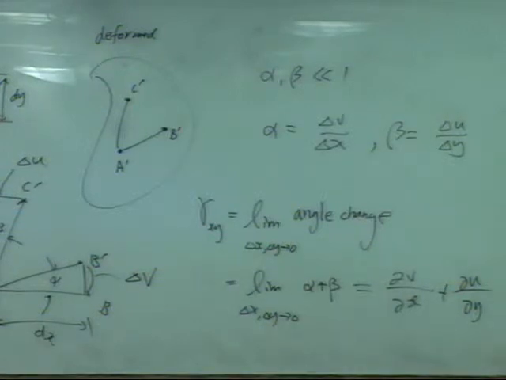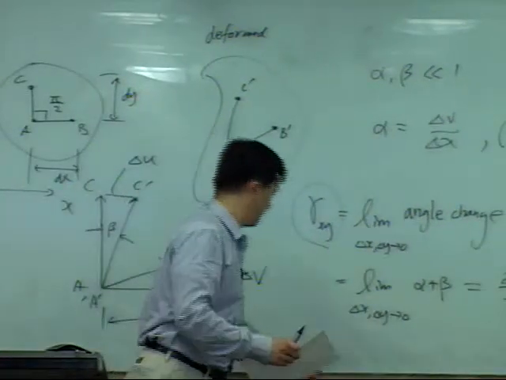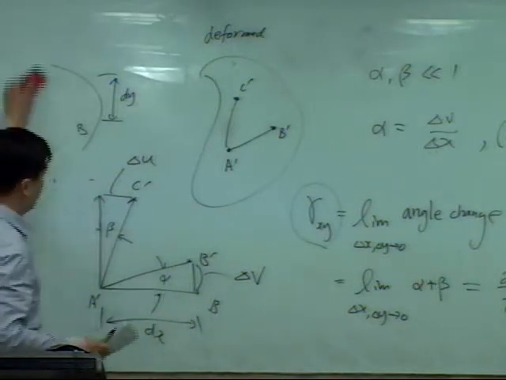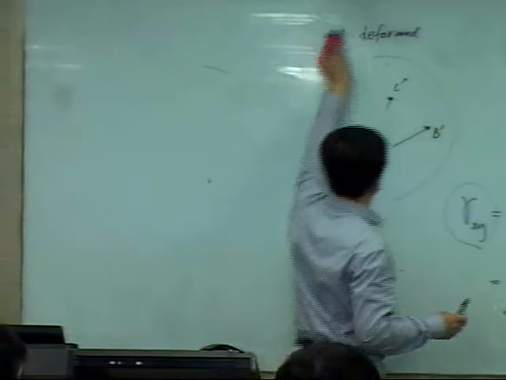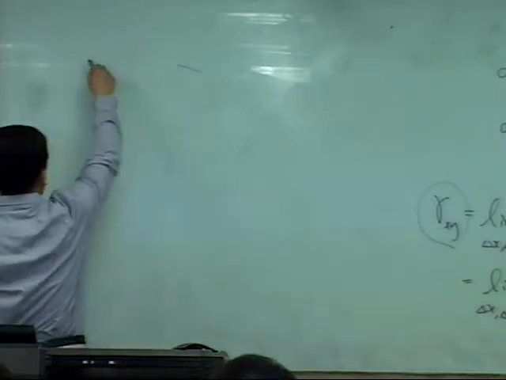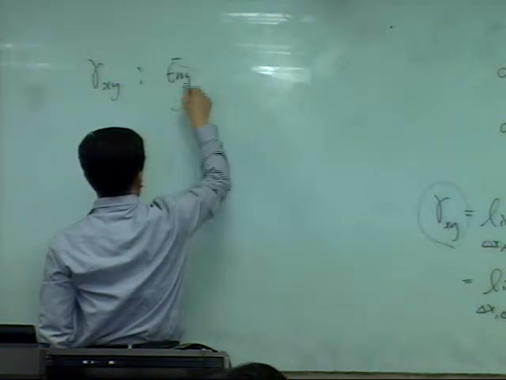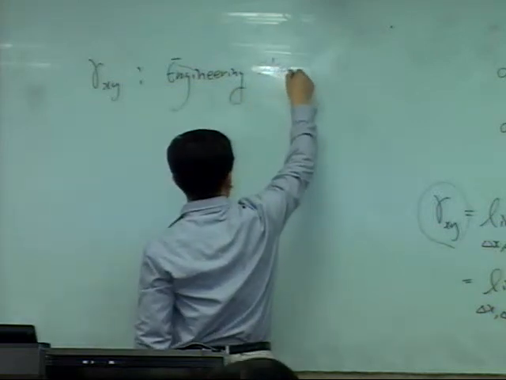So we can calculate the angle change by this one, gamma xy. Gamma xy is named the engineering shear strain. Engineering shear strain.